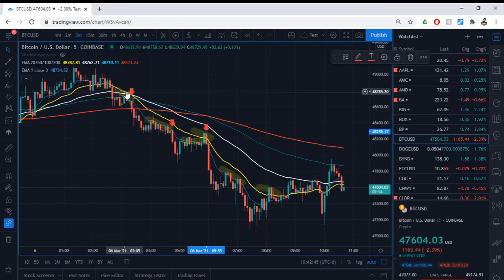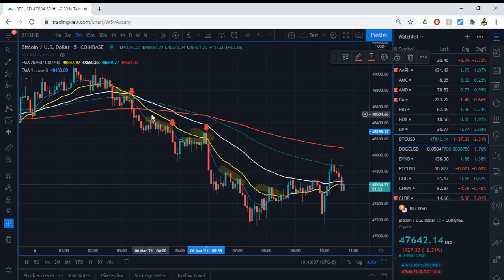But for example, if you're trying to see the trend, on the 9-day you're going to see here in this area that it's flattening out and it might take you out of the trade right here, versus the 20-day, which is still sloping down, and so it might keep you in the trade a lot longer.